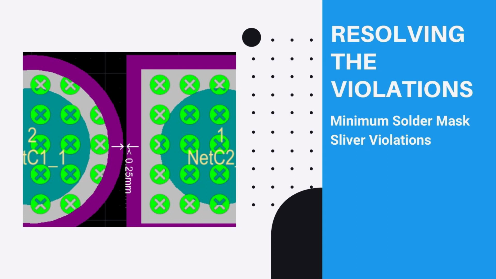That means resolving the solder mask sliver errors by reducing the solder mask expansion for the entire board is not an appropriate solution. Like many aspects of PCB design, the solution lies in making thoughtful trade-offs in a focused way to minimize their impact.